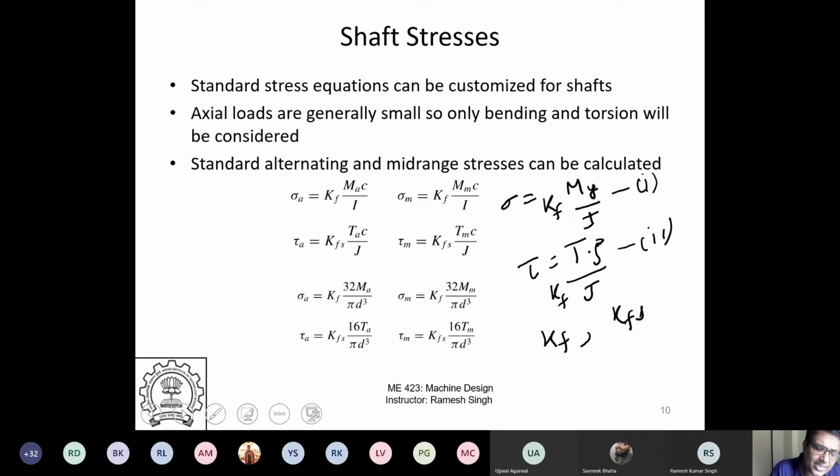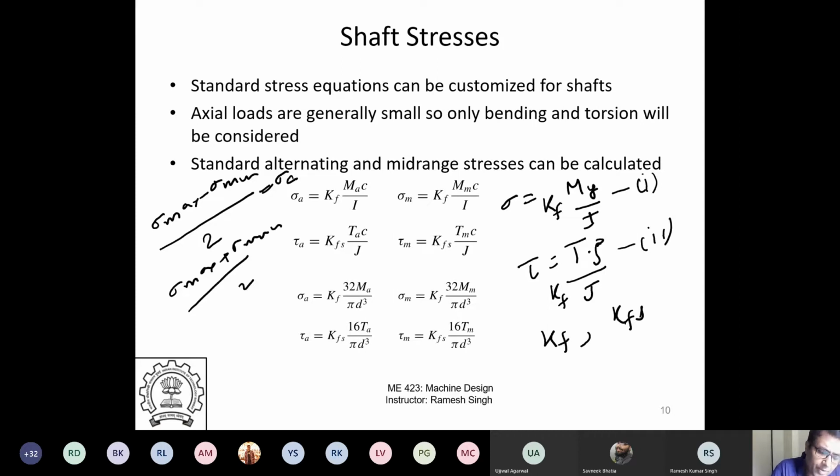So I'll use the Kf factor in bending and Kfs in torsion. Now, the other thing is, again, we talked about it, like what we showed in the loading. The stresses, both shear and bending, will have sigma max minus sigma min by 2, sigma A, which is the alternating component, and sigma max plus sigma min by 2, which is the mid-range component. Both alternating and mid-range components would be there.